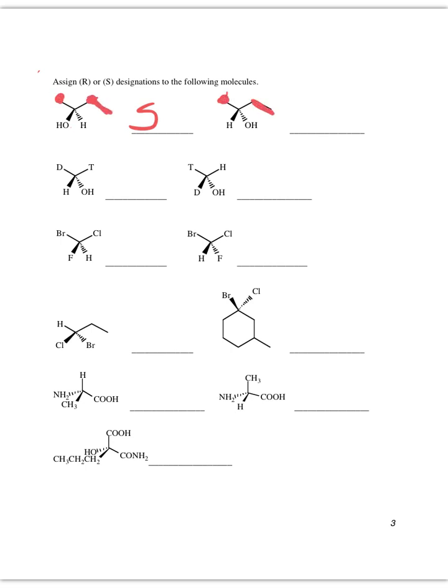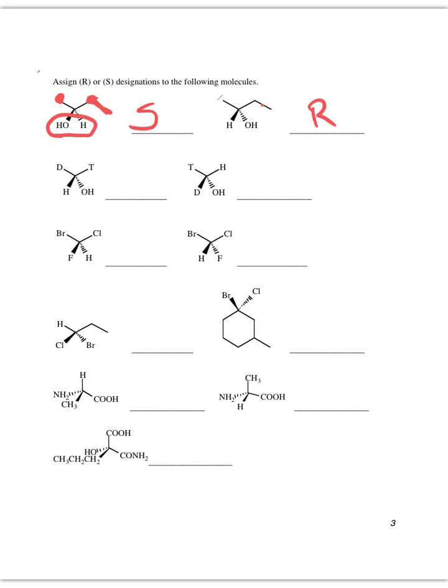The methyl and the ethyl are in the exact same spot off of the stereocenter, and 2 groups, the OH and the H, are flipped from one going back to one going forward. Anytime 2 groups are the same and 2 groups are different, it has to be the mirror image, the enantiomer of it. Okay, so this one has to be R, but can we prove it to ourselves?